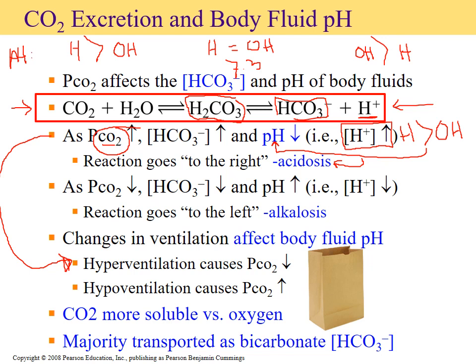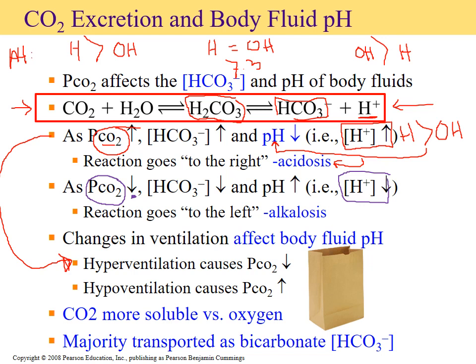Now, we can also see the opposite trend. What if you go into hypocapnia? In hypocapnia, your levels of carbon dioxide fall way below what they normally need to be. And according to our formula, if the carbon dioxide is low, that means it's not producing enough hydrogens.